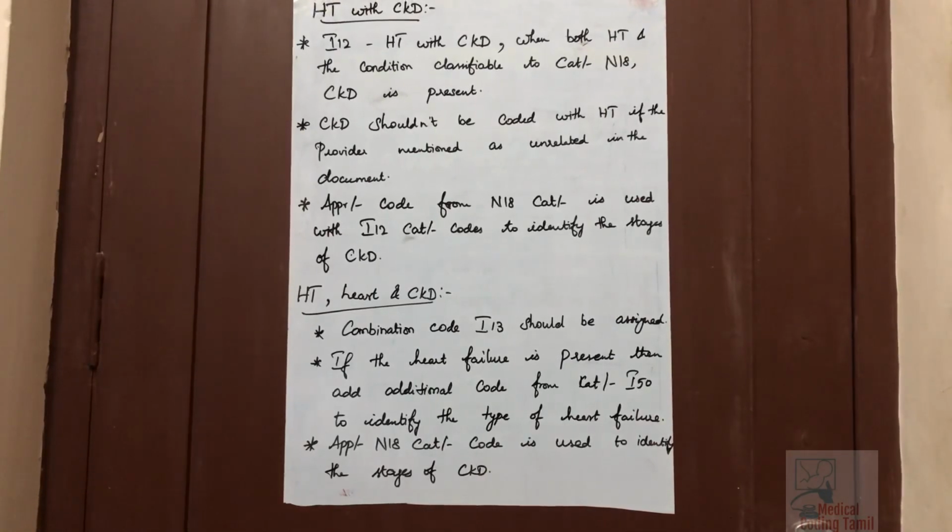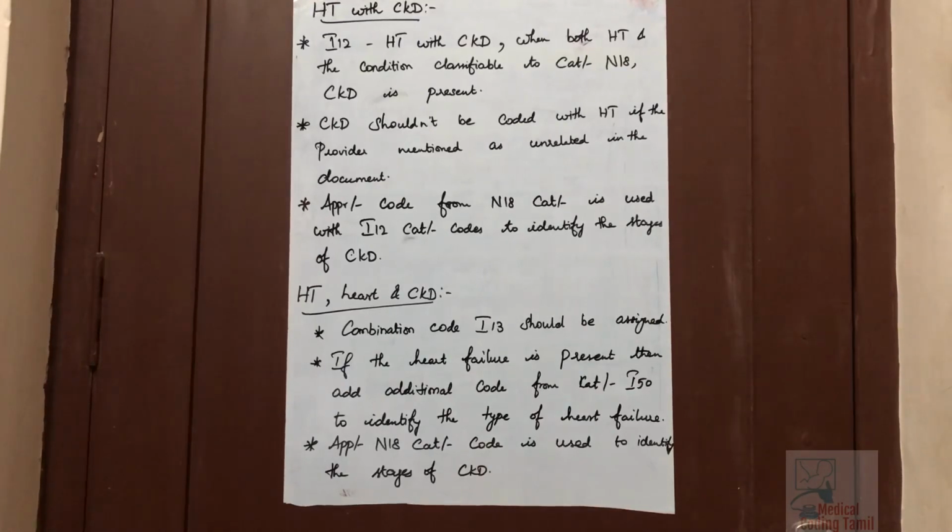And the CKD should not be coded with hypertension if the provider has mentioned that CKD and hypertension are not related. CKD means chronic kidney disease.